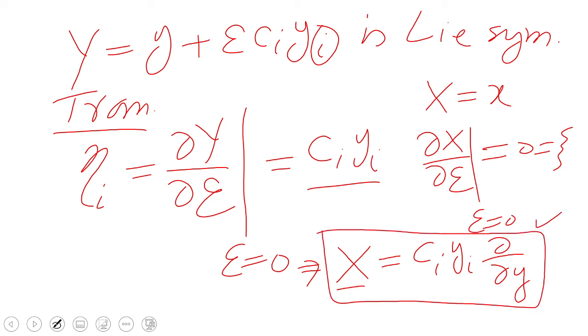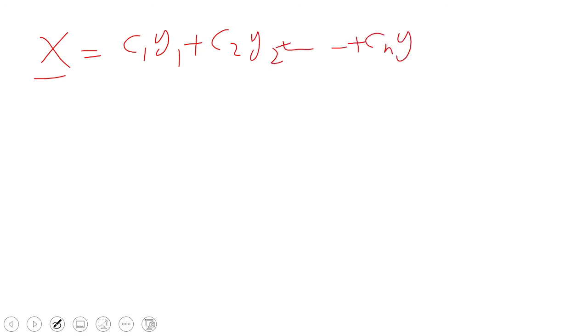How many parameters are there? Let's expand it. This generator can be written as (c1 y1 + c2 y2 + ... + cn yn) partial by partial y.